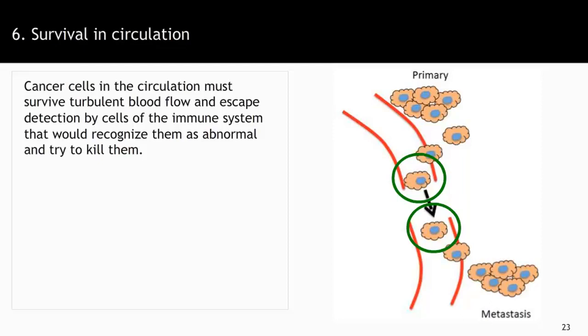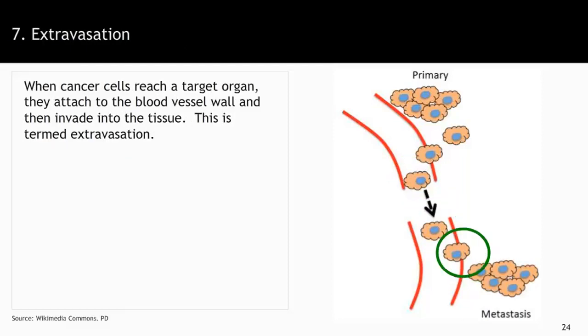In addition, having left this quote-unquote safety of the primary tumor, the cancer cells are exposed to circulating immune cells whose total job is to find them and kill them by recognizing that they're abnormal. So these cells, as they migrate through the circulation, are under tremendous stress as well as exposed to their enemy, the immune system.